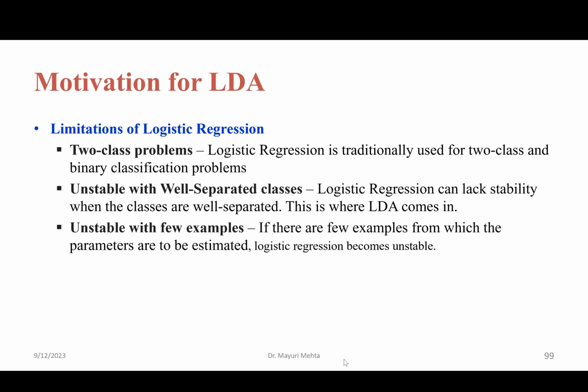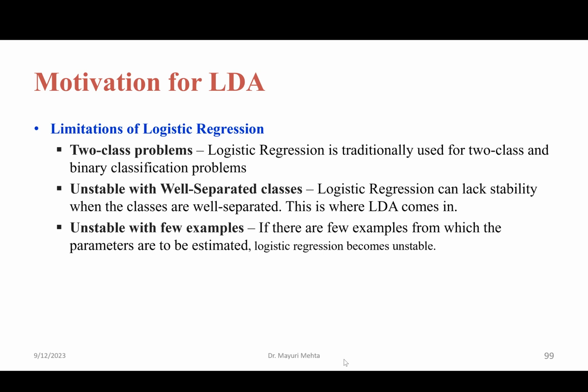Now, what are the limitations? Here I have included the limitations of logistic regression because those limitations motivated researchers to invent a new approach for multi-class classification. Logistic regression is a simple and powerful linear classification algorithm in machine learning, and it has some disadvantages which have led to alternate classification algorithms like linear discriminant analysis.